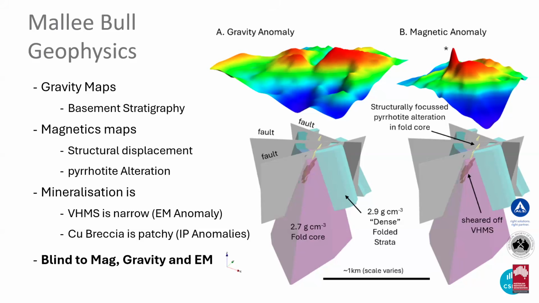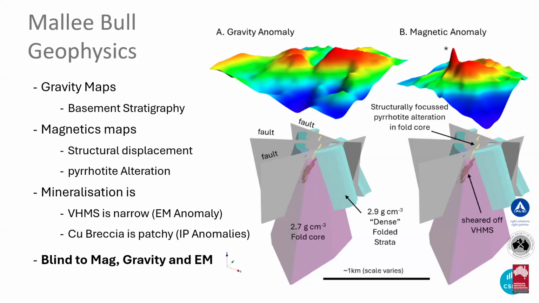This is just a model based on the gravity data. You can see here it's showing up these faults quite well. This is Mallee Bull, by the way. You can see these faults offsetting this anticlinal structure through the middle there. That's the VHMS style mineralization, the main lead zinc style mineralization. The thing I want you to see here is that the gravity anomaly is not picking out the mineralization at all.